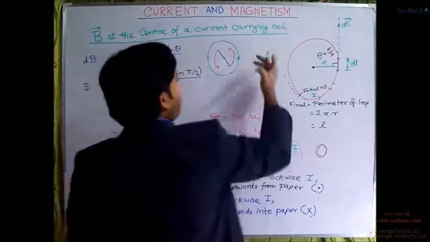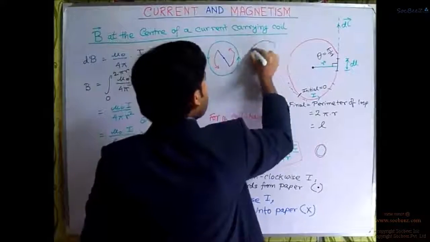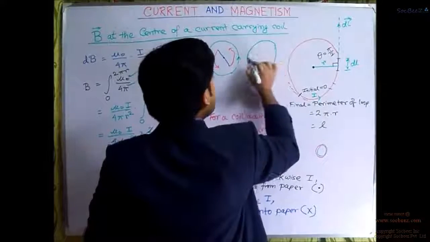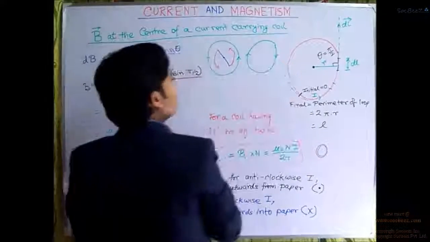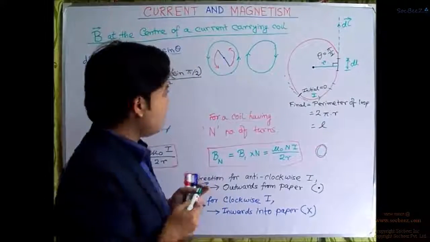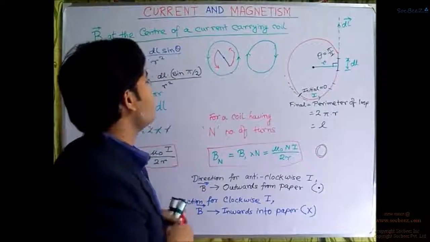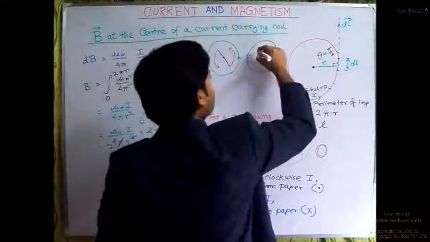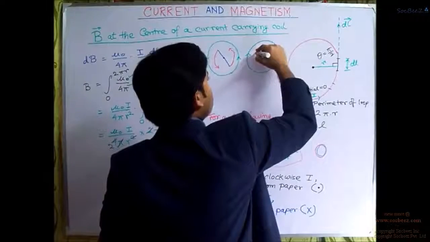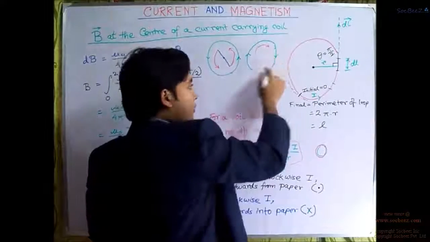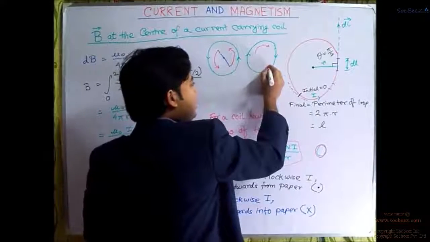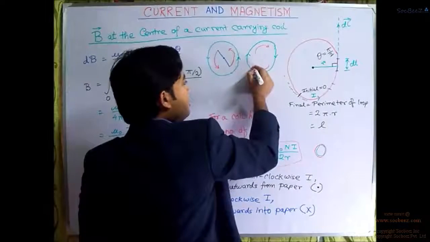In the other instance, say we make a clockwise current, right? Over here, likewise, this is going one way and over here it is coming down again, like this.